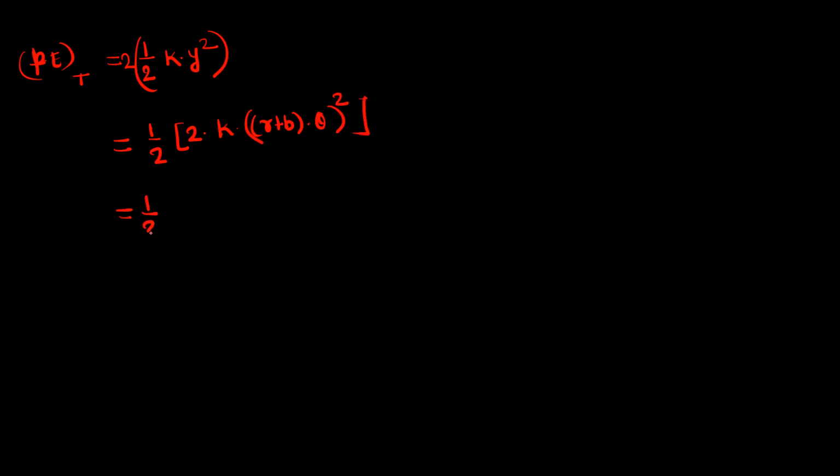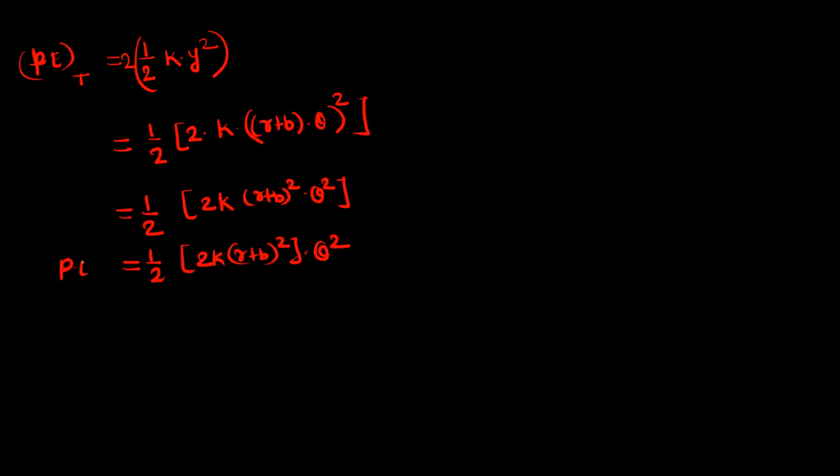So this is equal to 1 by 2 into 2k (r plus b) square theta square. So the equivalent stiffness will be 1 by 2 into 2k (r plus b) square into theta square. So this is the total potential energy, and this value is called K equivalent.